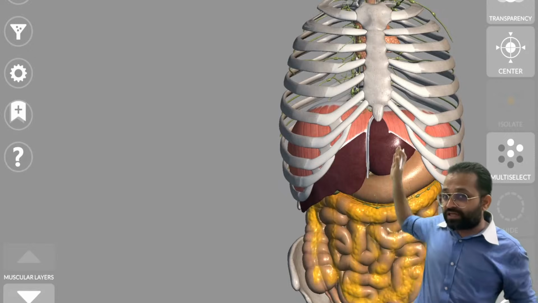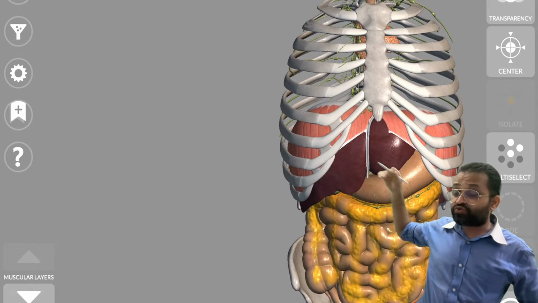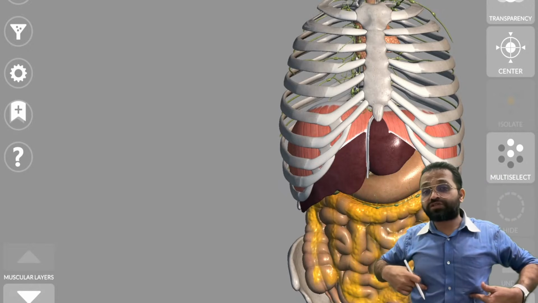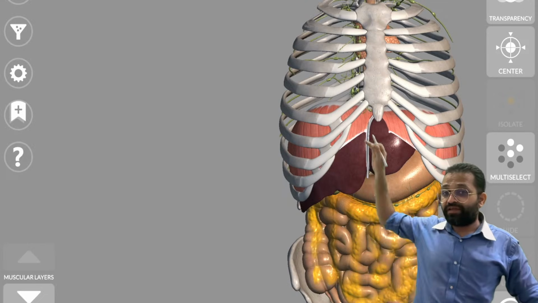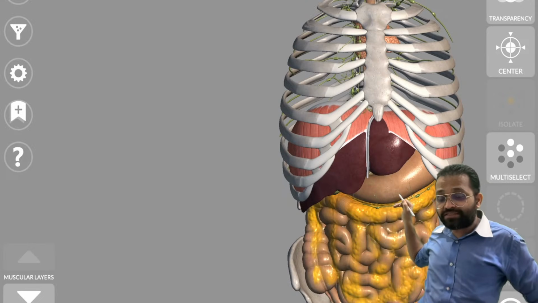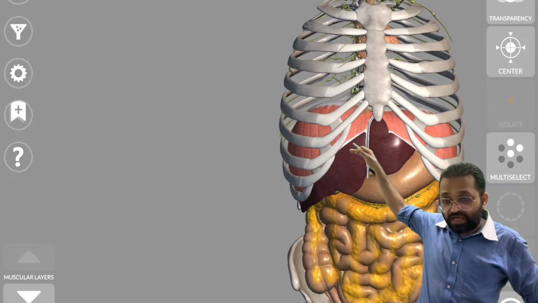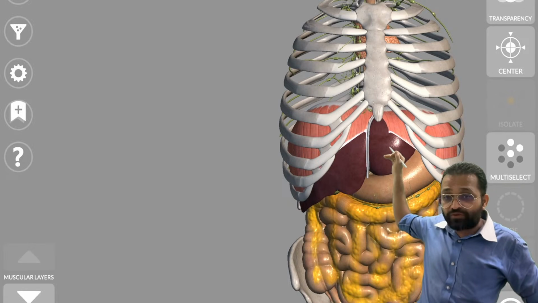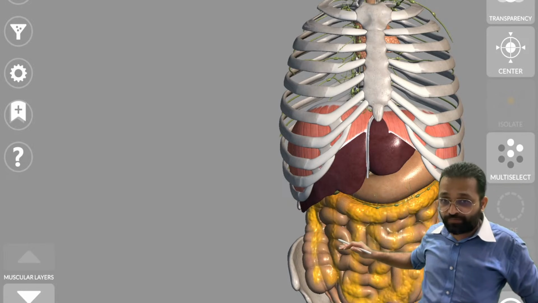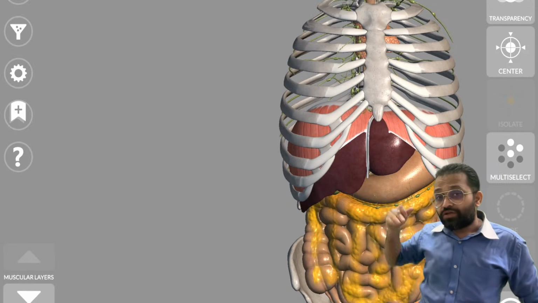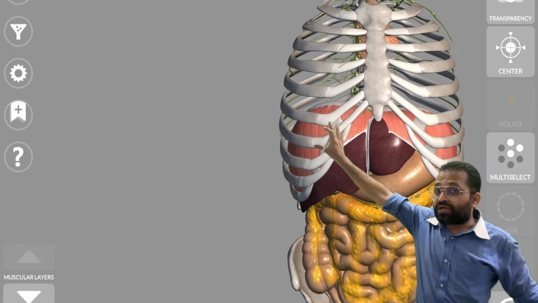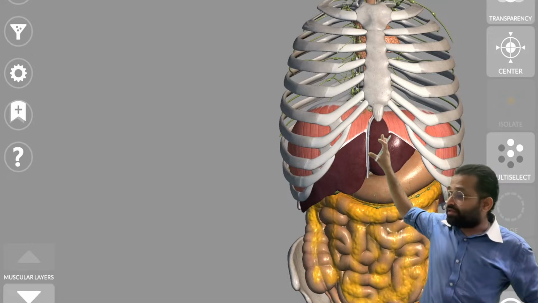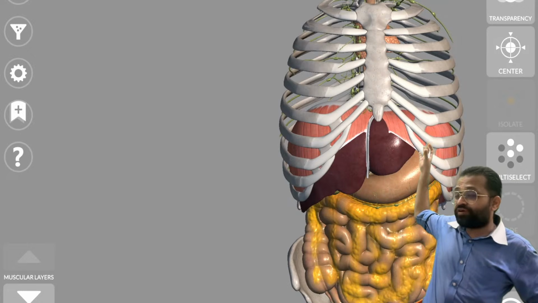The two vertical lines pass through the midclavicular line, the tip of the ninth costal cartilage, and the mid-inguinal point. And two horizontal lines: the transpyloric plane, which passes through the pylorus, and another is the transtubercular plane. Getting the point? So the right hypochondrium area, then epigastric area, then left hypochondrium area.